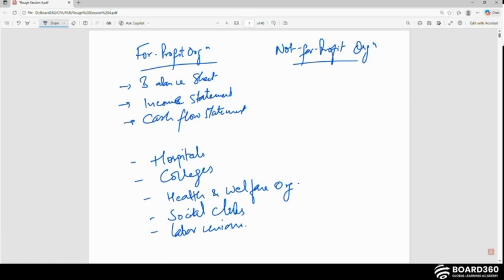For these, if we talk about the financial statements that we need to focus on, generally the main focus of not-for-profit organizations in presenting the financial statements is to present the basic information, like what they are doing as a whole, right? Vis-a-vis, for-profit organizations' main goal is to show whether the profits are correctly reported or not.